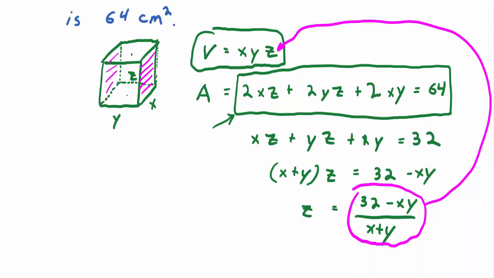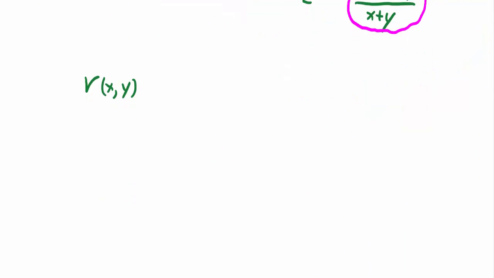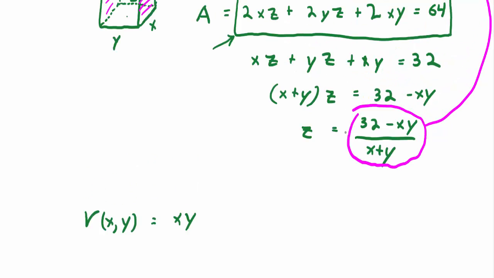And so if I do that, I get that the volume is equal to x times y times z, which is just this guy, 32 minus xy over x plus y. Okay, so we want to maximize that volume.